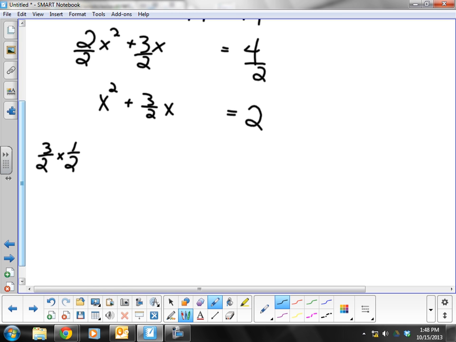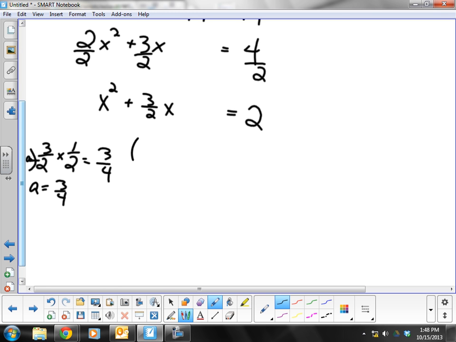You can put it in your calculator and do 3 divided by 2 divided by 2 and then change it back to a fraction. And you're going to get this same 3 over 4 that I got. Okay, so don't worry about it if you're thinking I wouldn't be able to do that. Okay, this is your A. Once you've done your divide by 2 or multiply by 1/2, you found A.